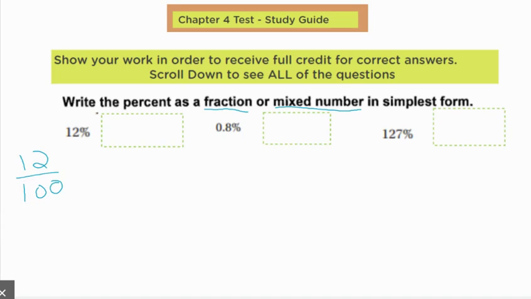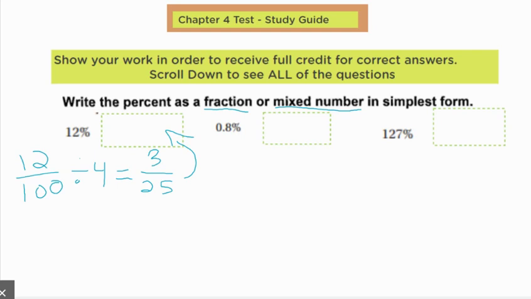Okay, so now we know that it's not in simplest form, so we're going to divide by 4. Show that division sign there. And then we are going to get 3, because 12 divided by 4 is 3, and 100 divided by 4 is 25. So that is our answer.